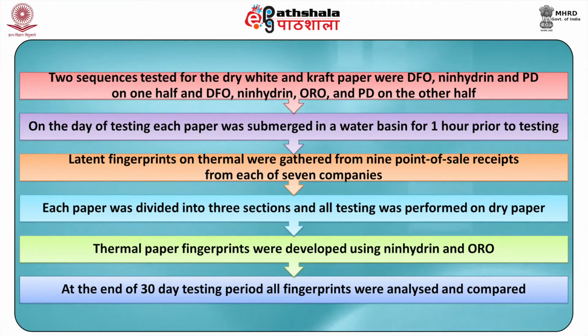Each paper was divided into 3 sections and all testing was performed on dry paper. Thermal paper fingerprints were developed using ninhydrin and ORO. At the end of the 30-day testing period, all fingerprints were analyzed and compared.